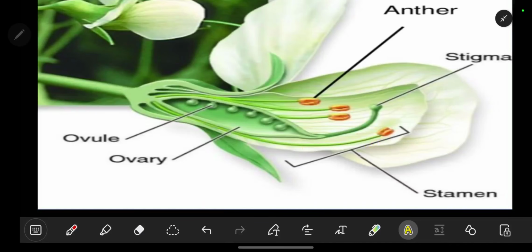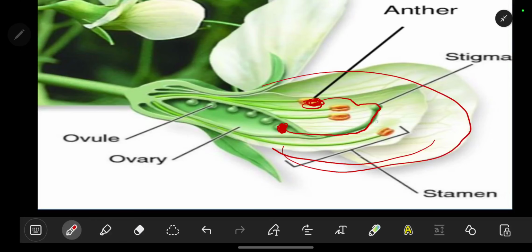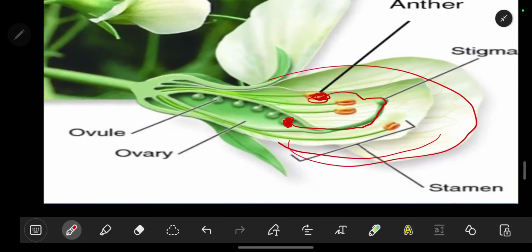As we can see, the male and female parts are enclosed in one flower. The male produces the anther, and the pollen can simply go onto the stigma. There is something enclosing them, making self-pollination very possible. That's why he chose garden peas.